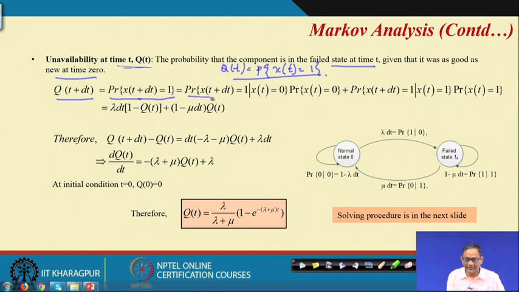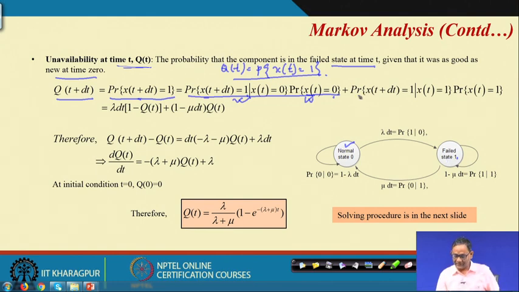You just see the probability x t plus delta t equals 1 given that x t equals 0. It was here, then the transition takes place, so the probability x t equals 0 and the transition takes place to x t plus delta t equals 1, from this to this.